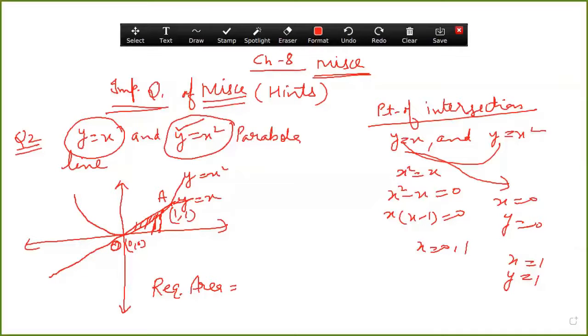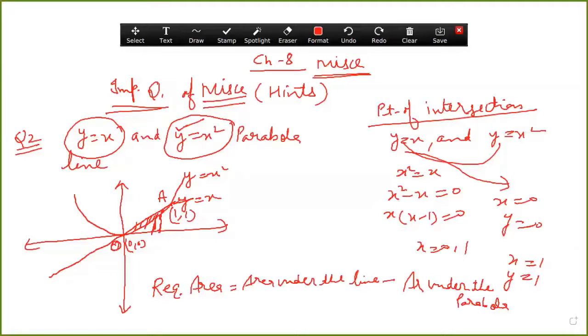So what? Area under the line minus area under the parabola. Now what does it become? Area under the line.